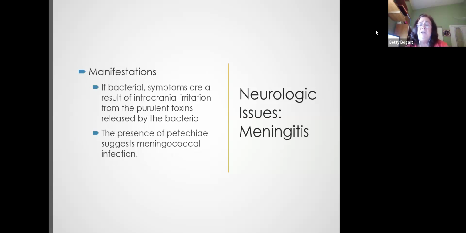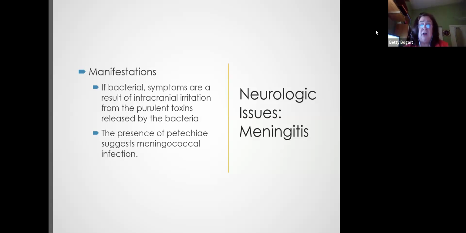So, meningitis. Remember, the meninges cover the head and the spinal cord. All of them are covered by a meninge. Don't get that confused with encephalitis, okay? Biggest common mistake in students. So meningitis is when the meninges of the head and the spinal cord get some sort of bacterial or even viral infection, and it creates this inflammation.